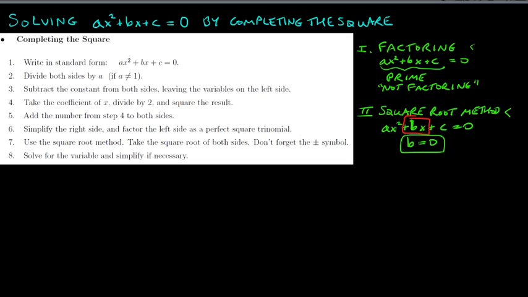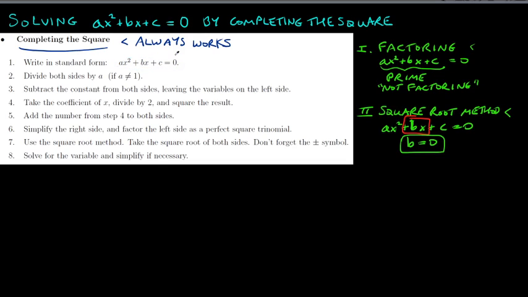So that's where completing the square comes in. Completing the square, as bad as it seems, always works. What I mean by that is that it will always give you the correct solutions. So completing the square works on any quadratic equation as long as you can write it in standard form.